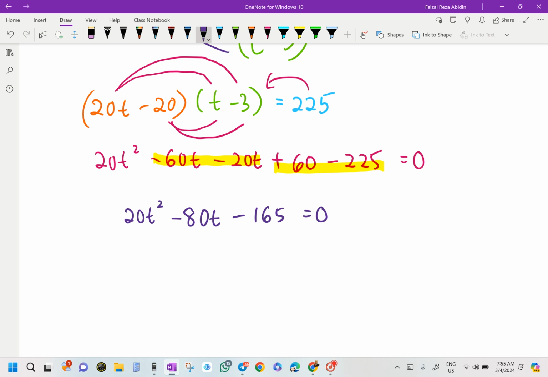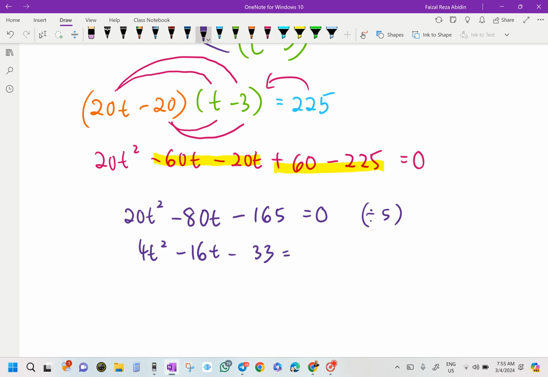Can I simplify? Yes, by using 5. So you get 4t squared minus 16t minus 33 equals 0.